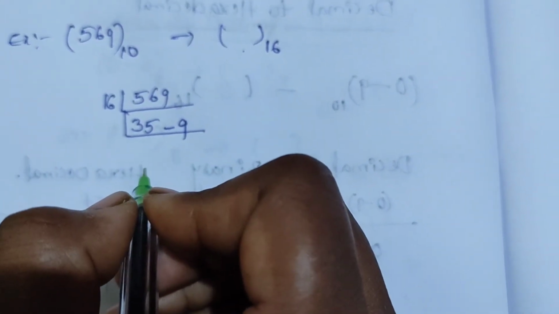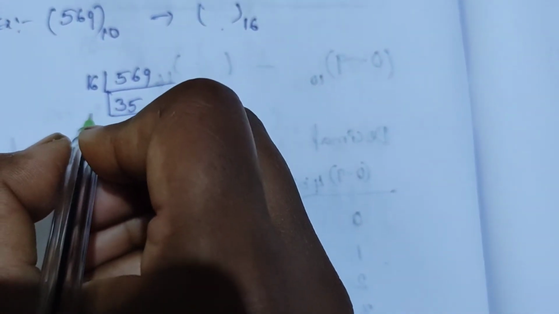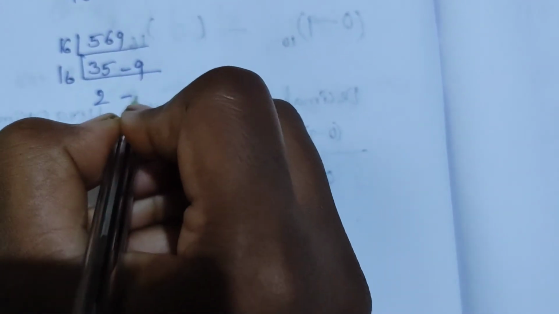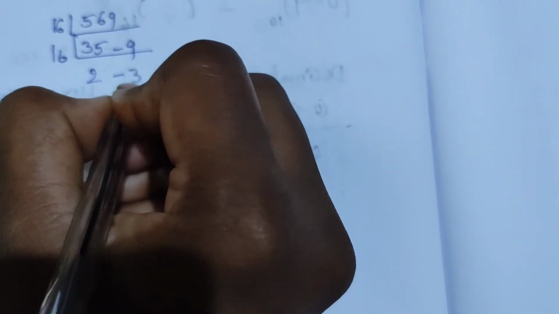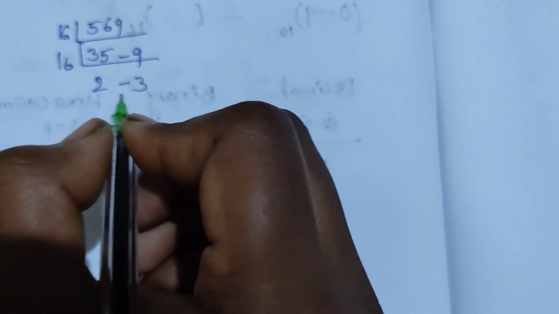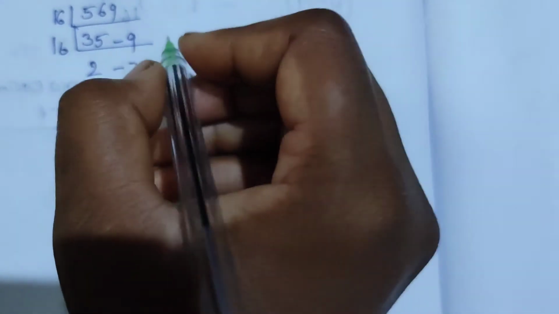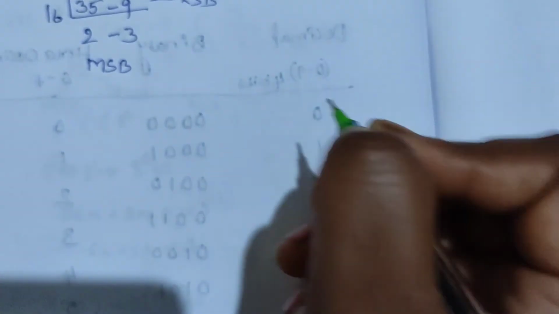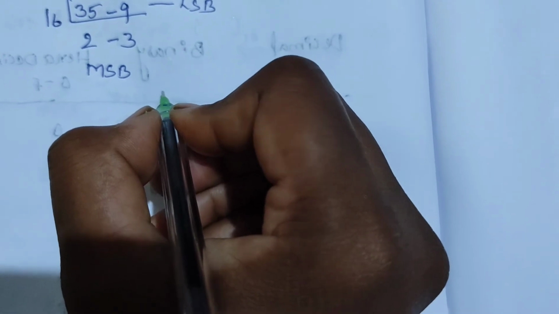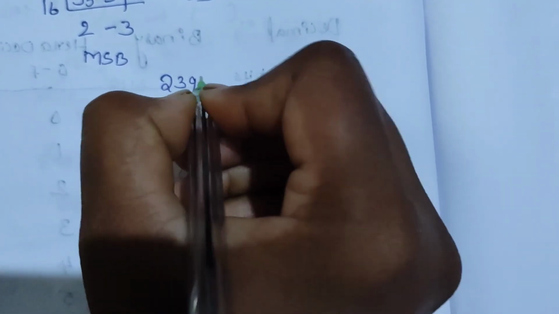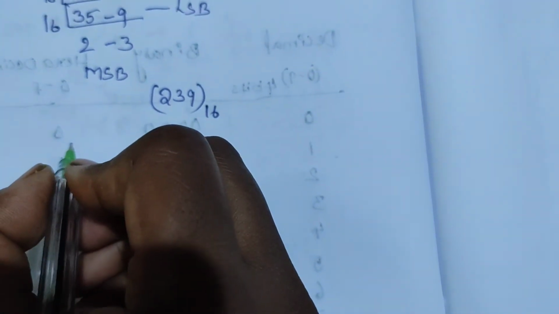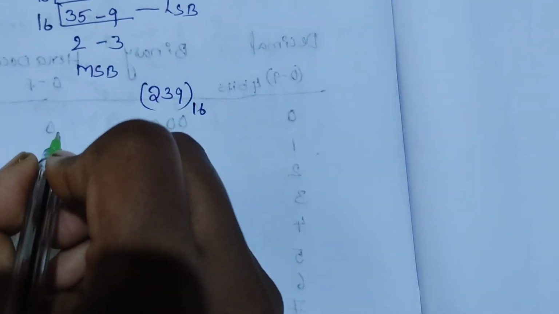So you will get a remainder, note it down and repeat the process till where you can't divide it further. The first obtained remainder is LSB and the last one is MSB. Note down from MSB to LSB. So this is the hexadecimal equivalent of the decimal number 569.